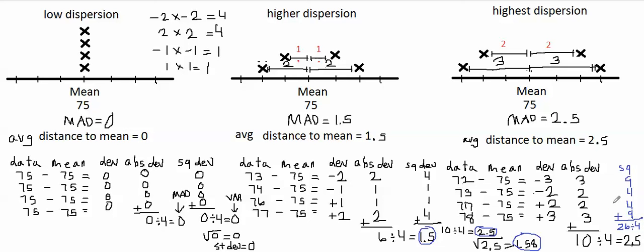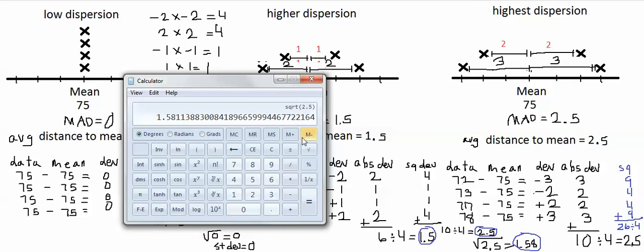Sorry, I'm a little bit out of room, but I'm just dividing the total of the squared deviations by the number of squared deviations to get the variance. So 26 divided by 4 is 6.5.